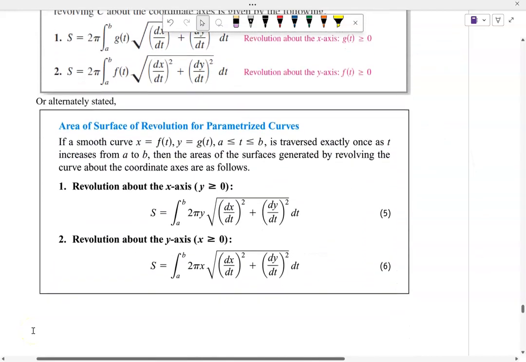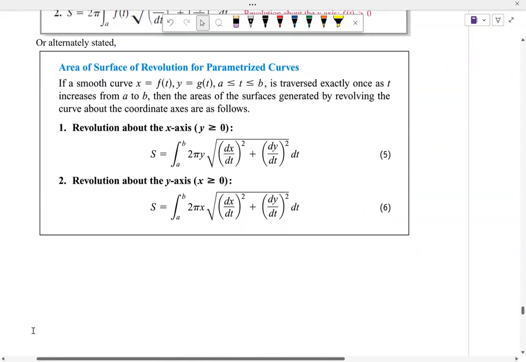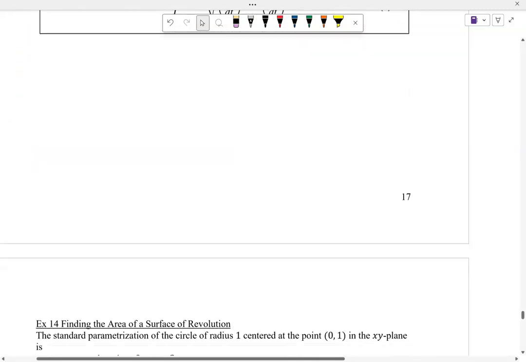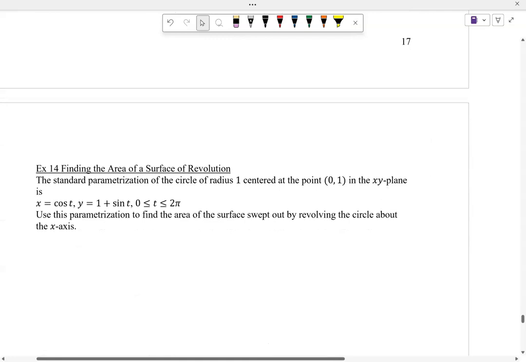But we're going to also do area of a surface of revolution for parameterized curves. So go ahead and use that. It's similarly stated above. Use either of those. We're going to do it for revolving it, let's see, about the x-axis.